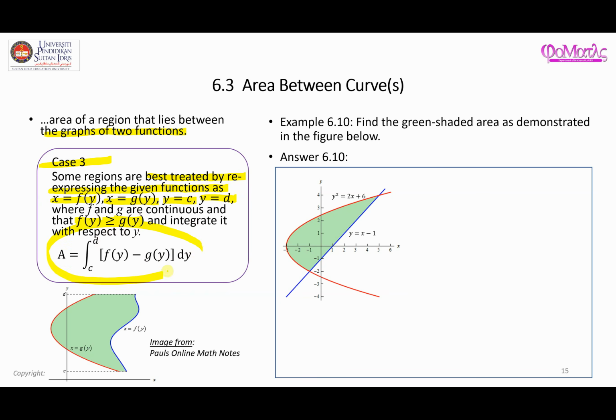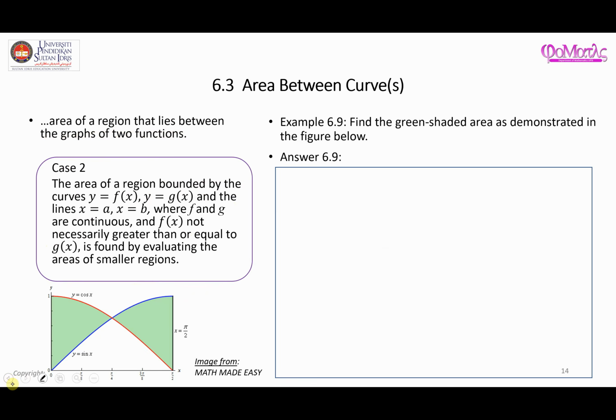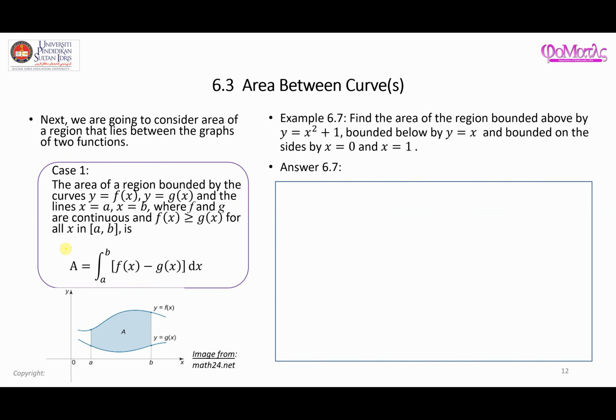This is actually the same idea as given on this slide here, except that this integration is with respect to x, because clearly you can see that f(x) is always larger than g(x), so you'll be able to get the area under the curve, and this is done with respect to x because you can find the boundary here, where x is equal to a and x is equal to b.